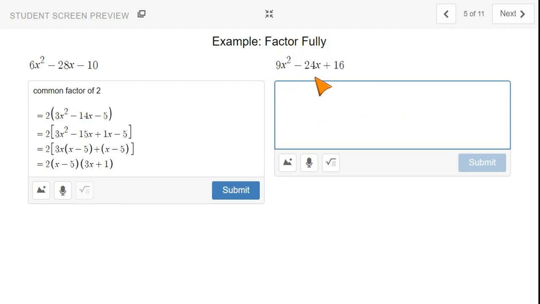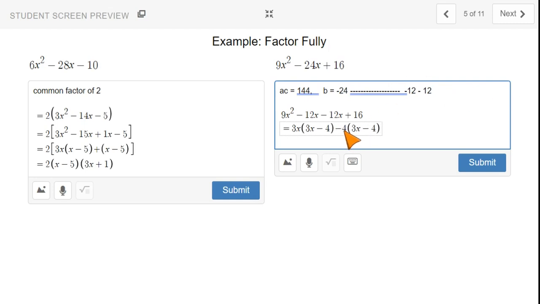This one doesn't have a common term, so we're going to do A times C, it's 144, and B is equal to negative 24. So let's use negative 12 and negative 12 to get to negative 24. 9x squared minus 12x minus 12x plus 16. Let's factor out our common term, 3x minus 4, and we have 4 that's common to both.